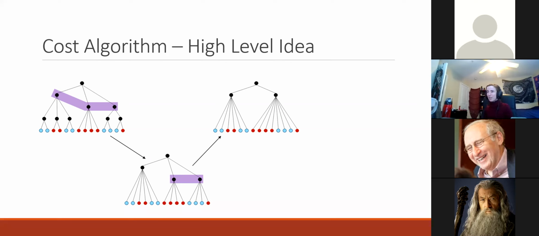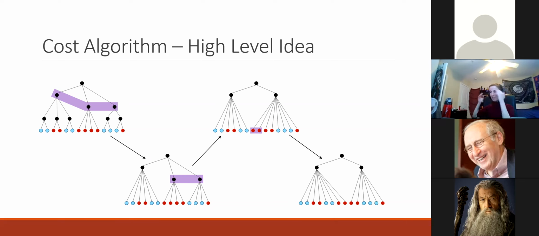Finally, the last step is to transfer points between clusters to fix all of the remaining unfairness. For instance, if we look at the cluster on the right and take the 2 extra red points and move them to the other cluster, as illustrated here, then we'll get a fair hierarchy.